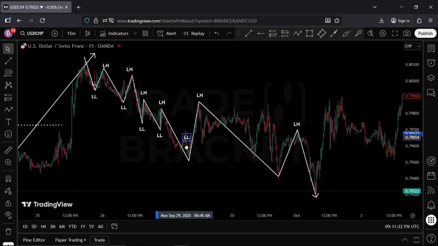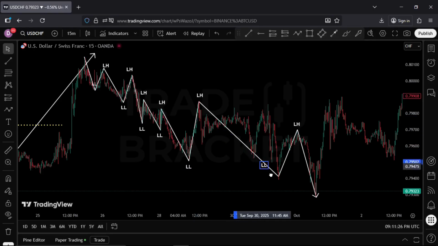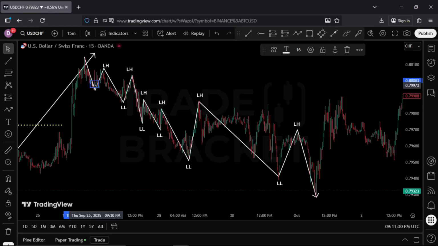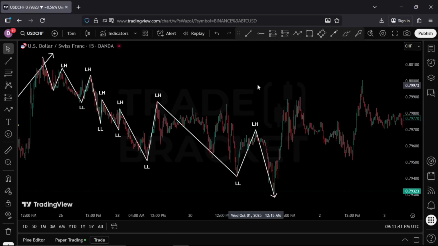This right here, lower low. This right here will be the final lower low. Now I'll delete this because I don't need that. I made a couple instances, there you go.